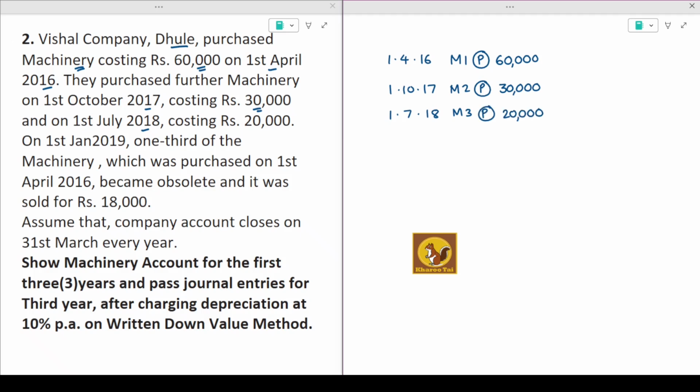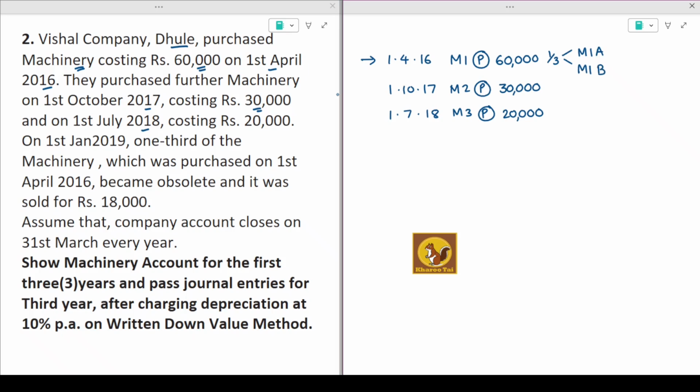On 1st Jan 2019, 1/3 of the machinery which was purchased on 1st April 2016 became obsolete and it was sold for rupees 18,000. So 1/3 of this machinery was sold. So we have to divide this machinery into two parts, machinery 1A and machinery 1B.